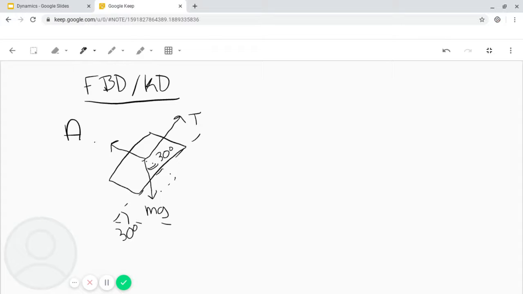And it will have a force of friction, but we don't know which direction the force of friction will be acting in. I'm going to assume that the box will be traveling in this direction, so that means that the force of friction is here.